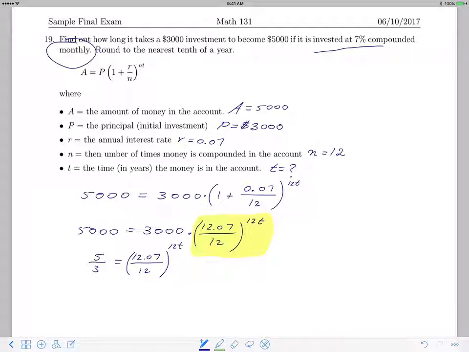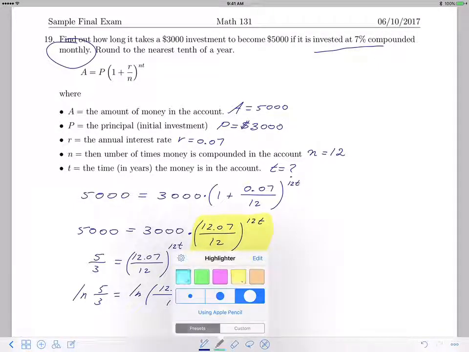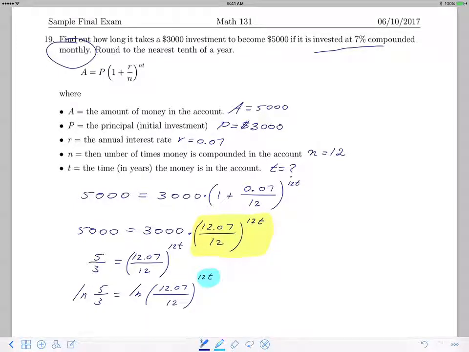We'll use the natural logarithm. ln of the left side equals ln of the right side. And what this allows us to do is, using the power rule, the exponent becomes a factor. So we have ln of 5 over 3 equals 12t ln of (1 plus 0.07 over 12).